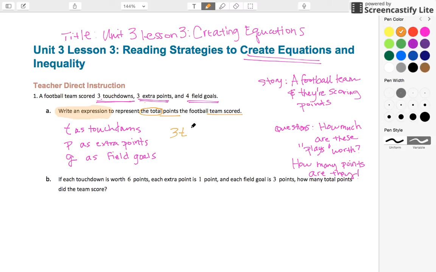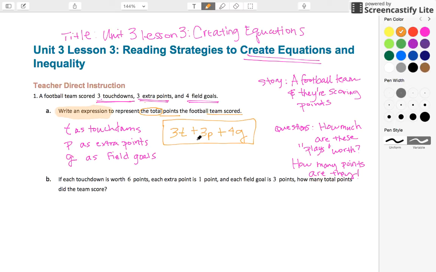So we have 3t plus 3p plus 4g. Okay, so essentially the expression could represent all of these here. So this represents the total points that the team scored.